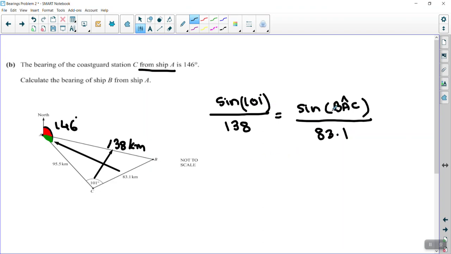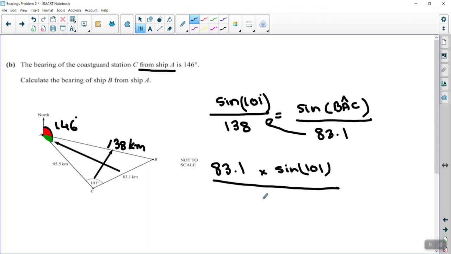And then multiply this out, take this to the side, which will get us 83.1 times sine of 101 over 138. But that would give us the sine of BAC, not the angle BAC.